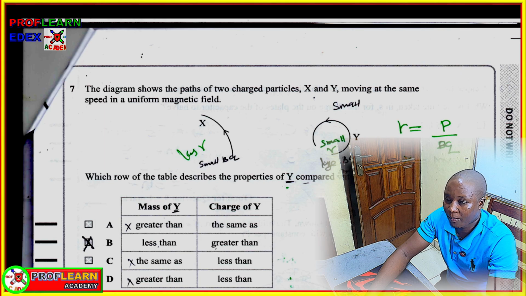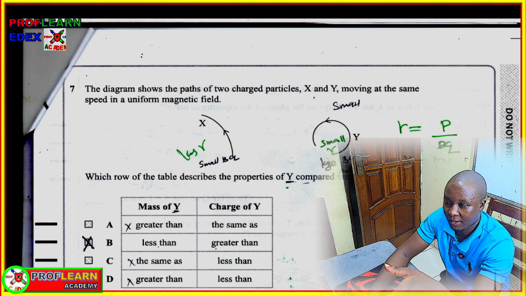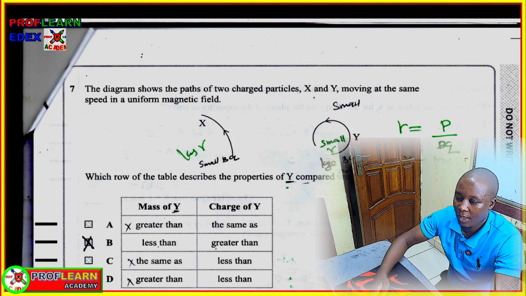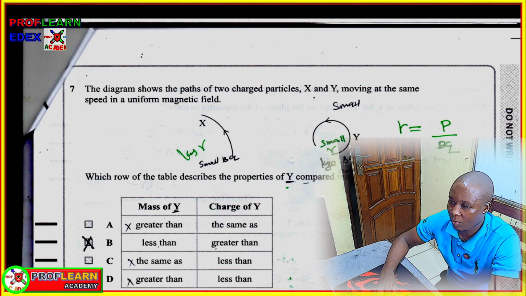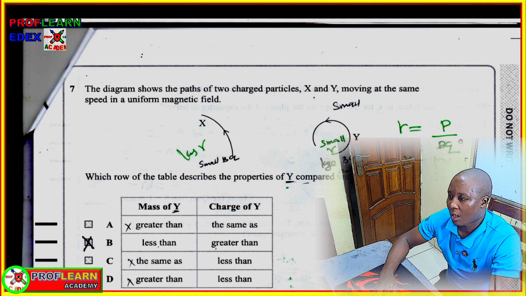From the equation R = P over BQ, since the magnetic flux density is the same and the momentum is the same, the radius is inversely proportional to the charge. That means that for the radius to be small, the charge must be larger or greater.